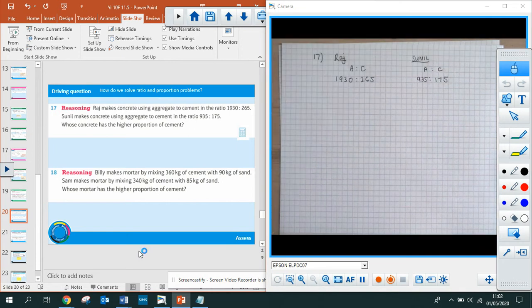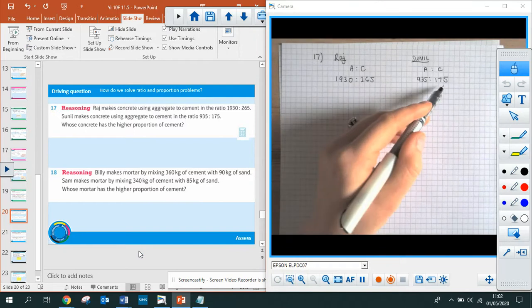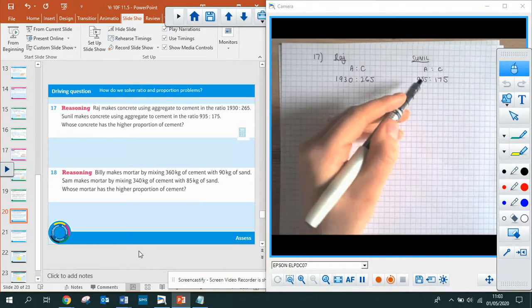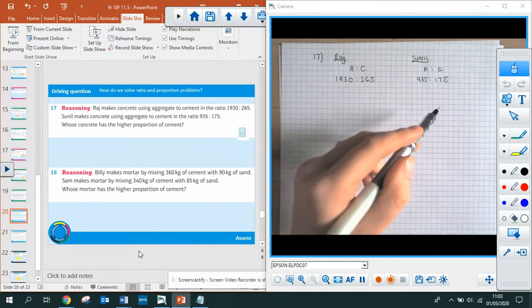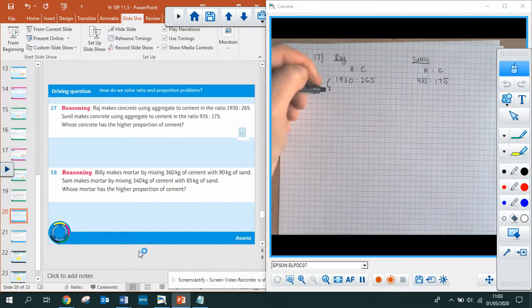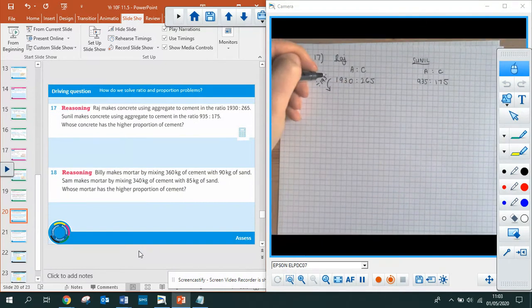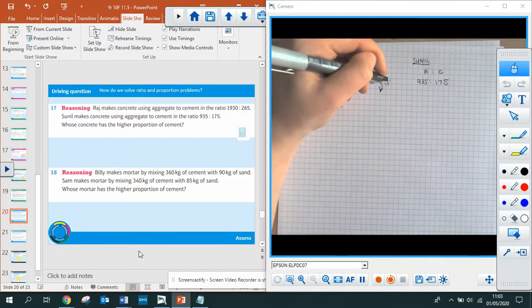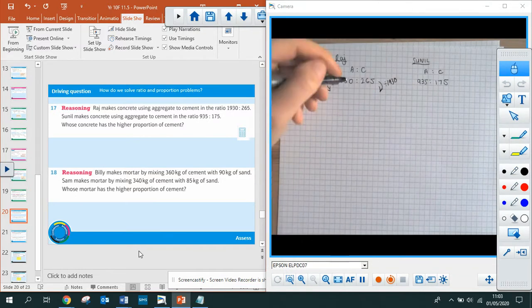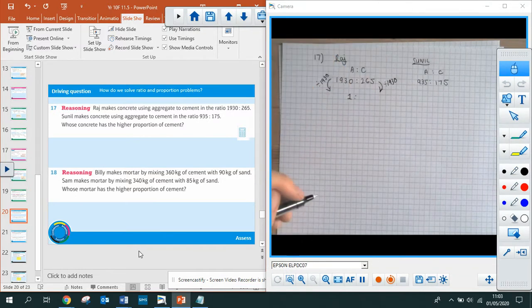Okay, now careful here. Whose concrete has the higher proportion of cement means that we don't want the cement to be the unit ratio. Okay, we don't want the cement to be 1. We want the aggregate to be 1 because we're comparing the cement. That means I need to divide both sides for Raj by 1930. Remember, you had a calculator, so this would be 1 because it's divided by itself, and 265 divided by 1930 would be 0.1373057.